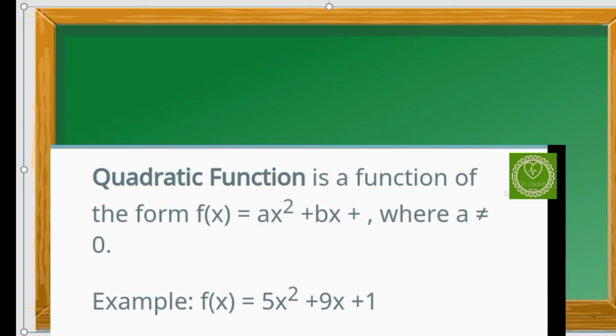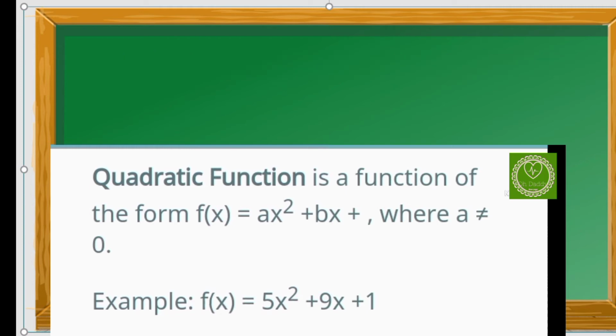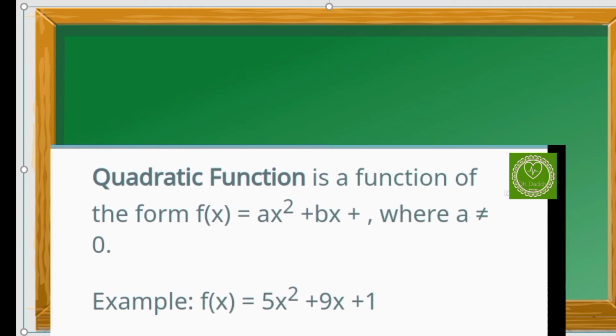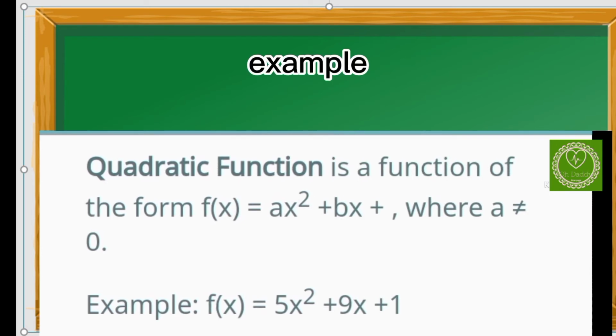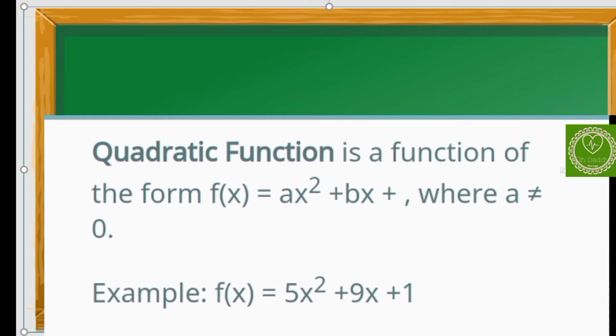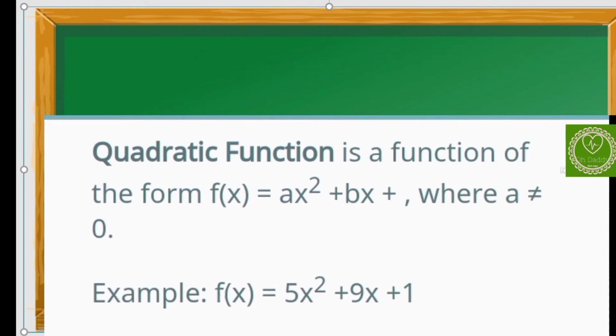Quadratic function is a function of the form f(x) = ax² + bx + c, where a is not equal to 0. Example, f(x) = 5x² + 9x + 1.